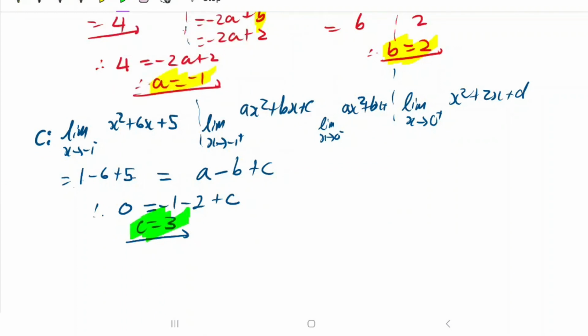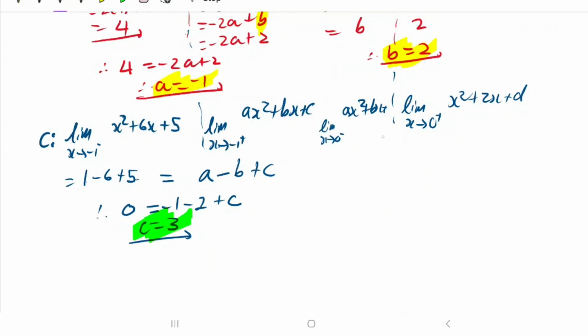So slowly but surely we are breaking this down and finding it because we're focusing on these variable points. Let's look again at the point 0. If we're approaching 0 from the left and we're substituting there, we have a times 0 and b times 0 plus c, and therefore we're just left with c on the other side.